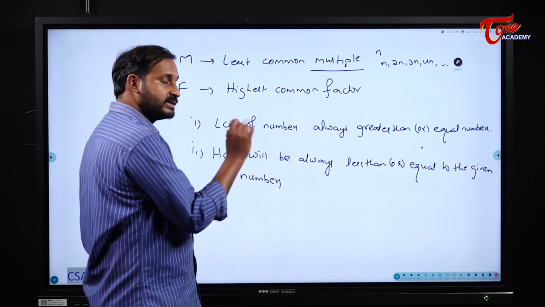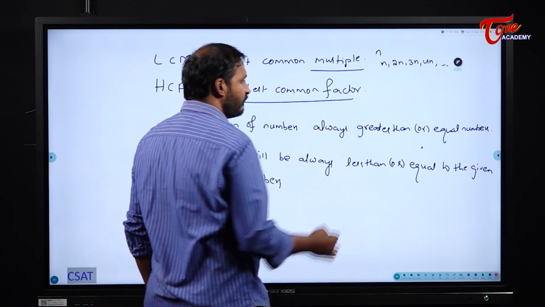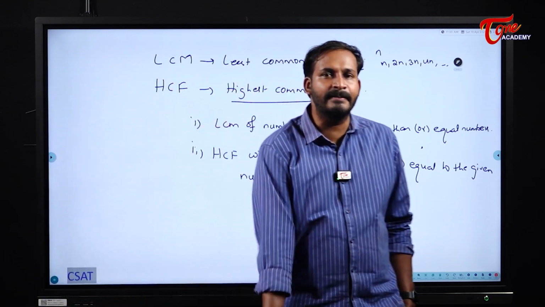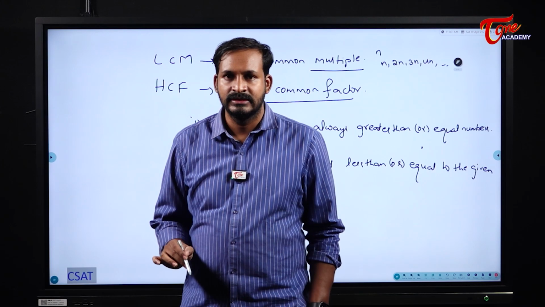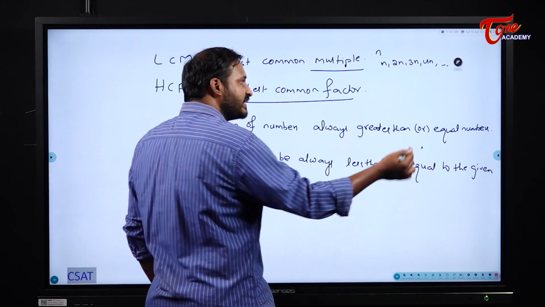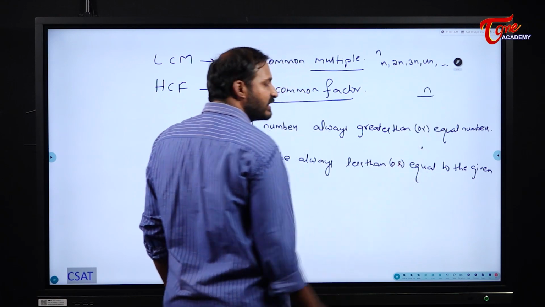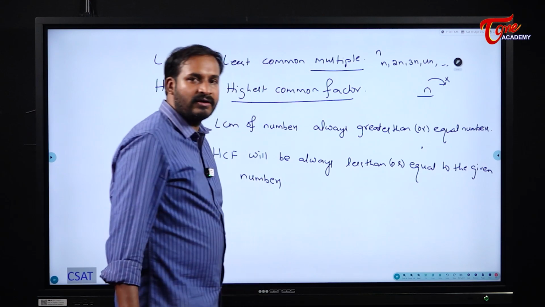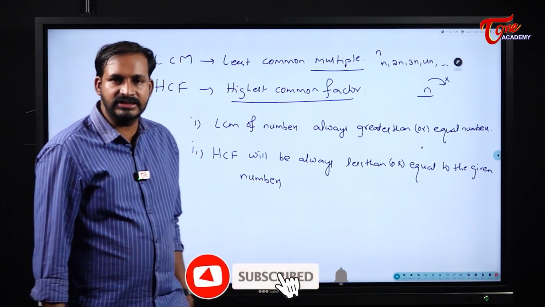Next, when it comes to HCF, what are HCFs? Factors, right? What is the highest factor of any given number? The number itself. So in the worst case, at max it can go to the given number, but it will not cross any one of the given numbers. Understood students?